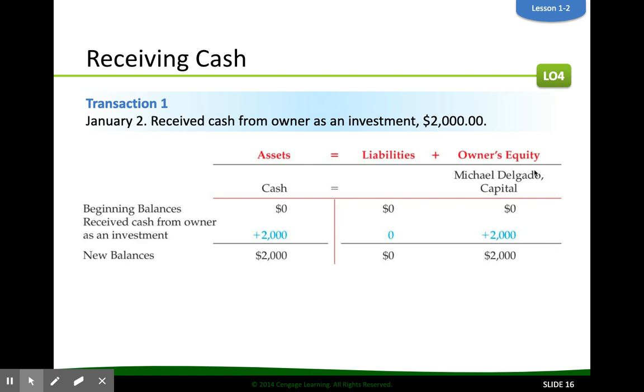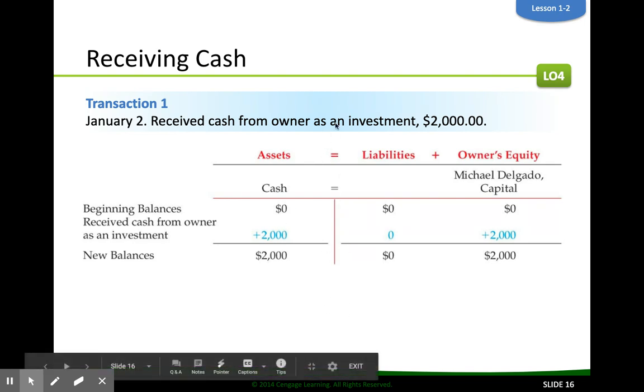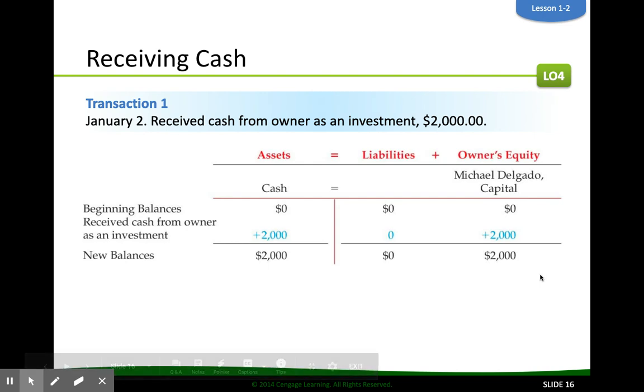Right now, the value of the company is $2,000. So Michael Delgado Capital, he's the owner. This is the capital account, which shows the value of the company, positive $2,000. The left side of the equation equals 2,000. The right side of the equation equals 2,000. They're in balance, so we're good to go.